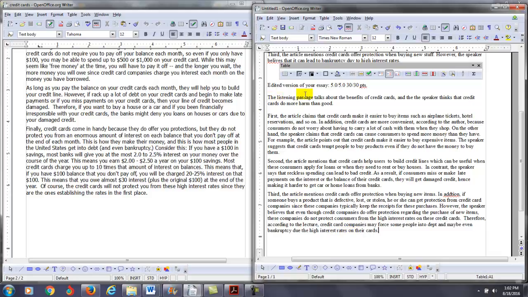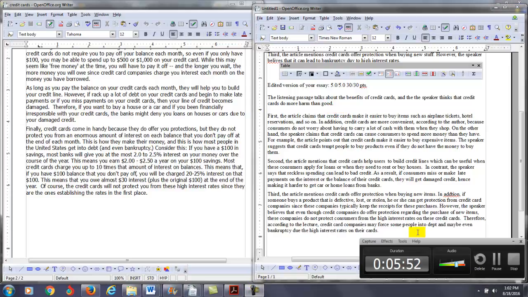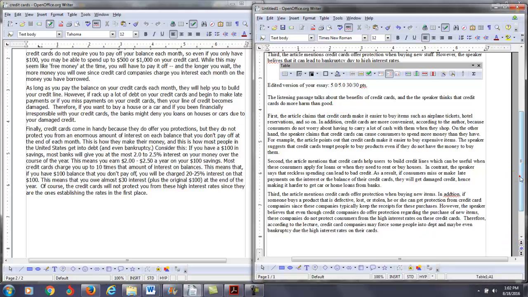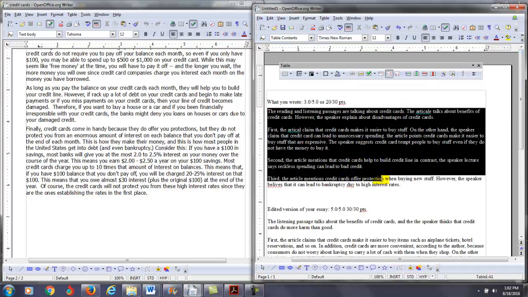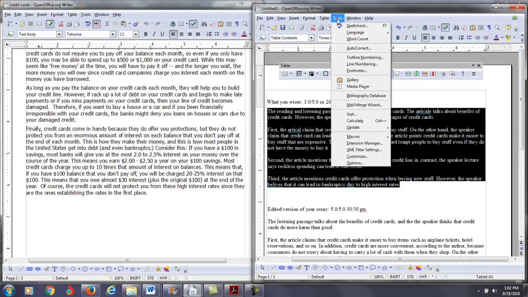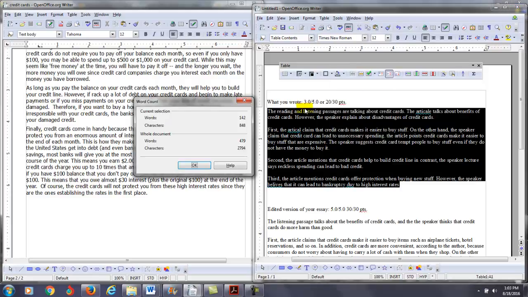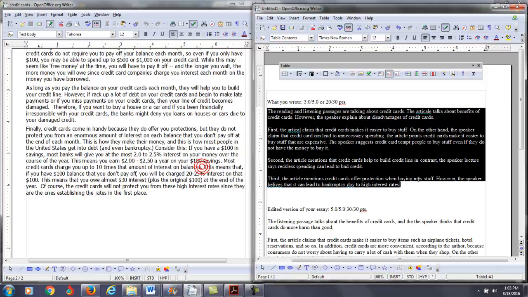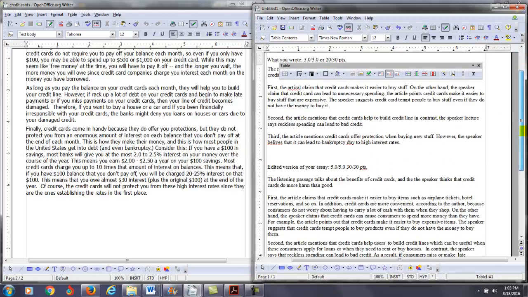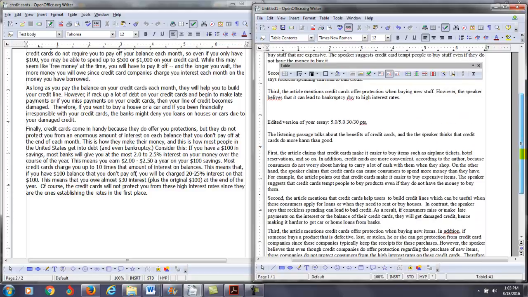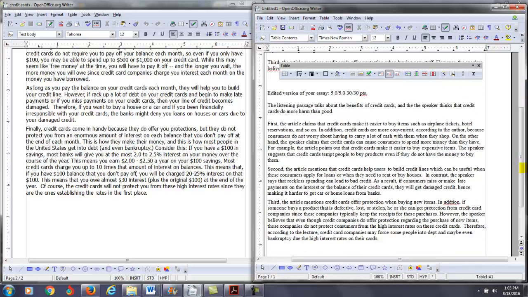Okay, so now what you want to do is look at the difference between what I wrote and what you wrote. So again, we go here and we see approximately 142 words. I told you that you scored around 3.0 out of 5 because you left out some important information either from the reading passage or the lecture.